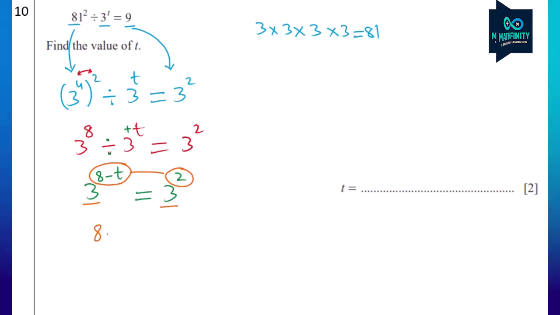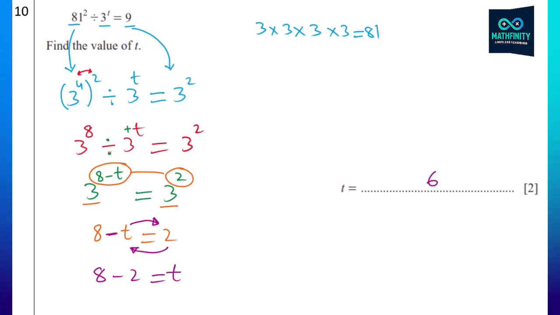So we can write 8 minus t is equal to 2. We have to find out the value of t. So t is negative here. If I shift this to the other side, and from there I bring the number, we can write 8 minus 2 is equal to t, and the final answer is 6.